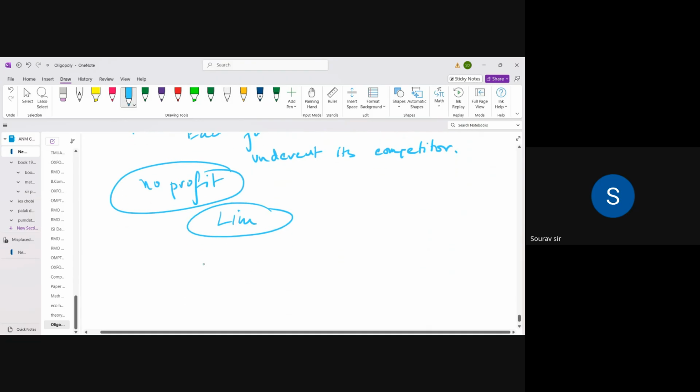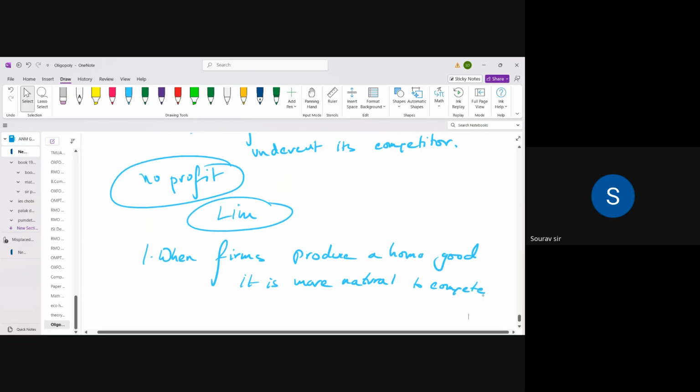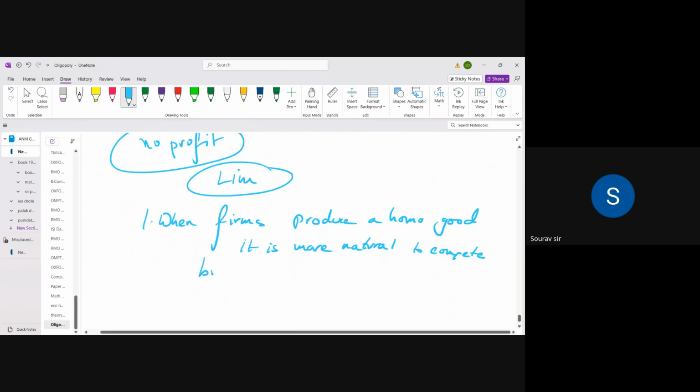First, when firms produce a homogeneous good, it is more natural to compete by setting quantity rather than price.